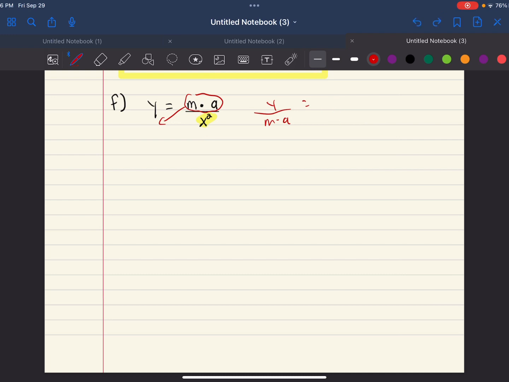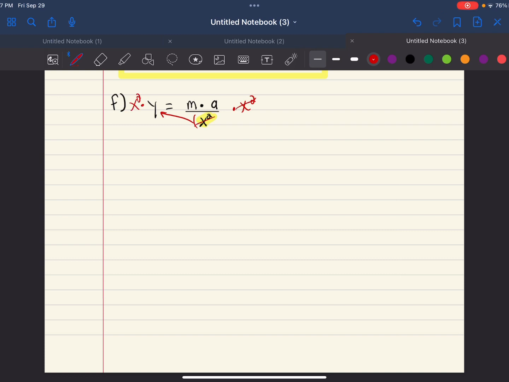So what we're going to do instead is bring this over to here so that we can just bring the y over, and x squared then ends up being isolated. So we're going to multiply both sides by x squared with the intention of eventually solving for it.